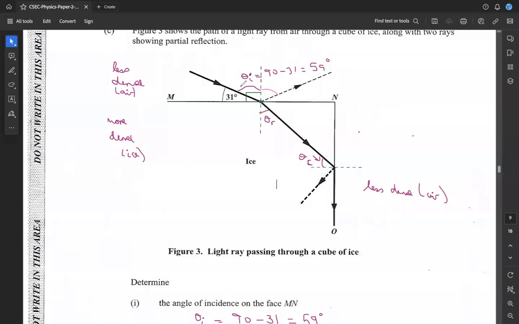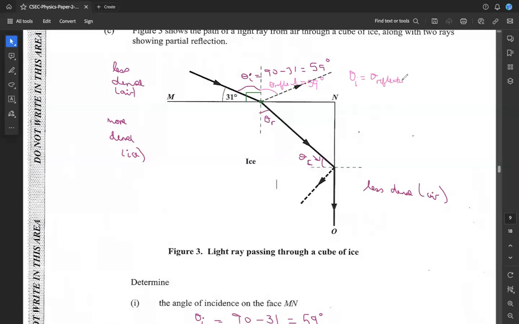And so our angle of incidence was 59. So our angle of reflection, I'm going to write it as theta reflect, is also going to be 59, because based on the laws of reflection, our angle of incidence is equal to our angle of reflection. So that's this angle here, and they're both equal. So theta incident is equal to theta reflection, and that's from the laws of reflection.